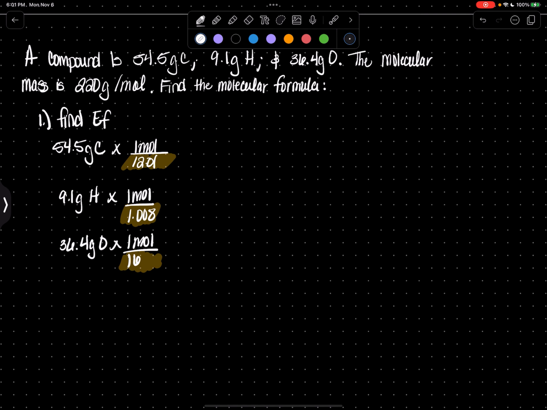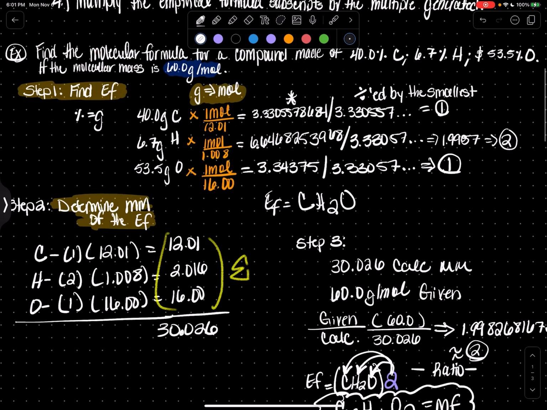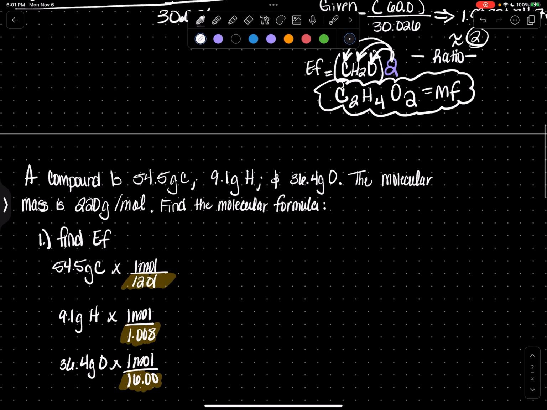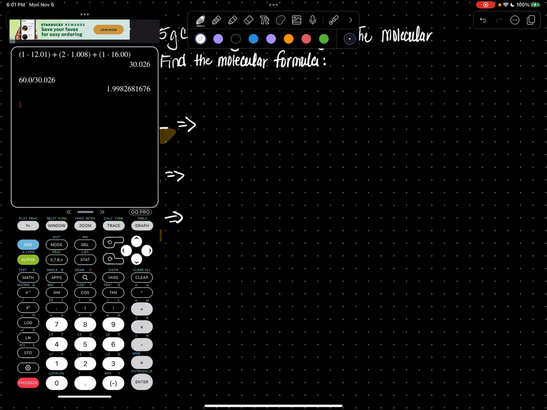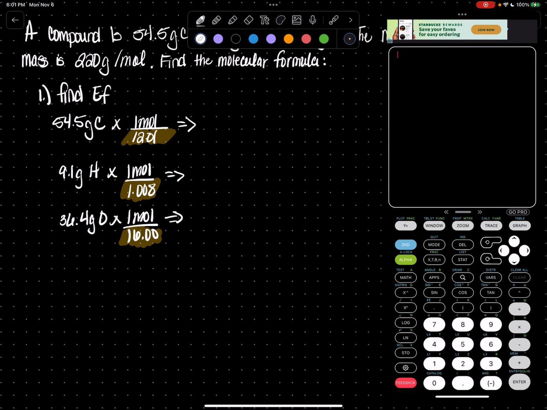These again are those molar mass values. They're the same. All right. We've got to do our division to get ourselves back into moles.